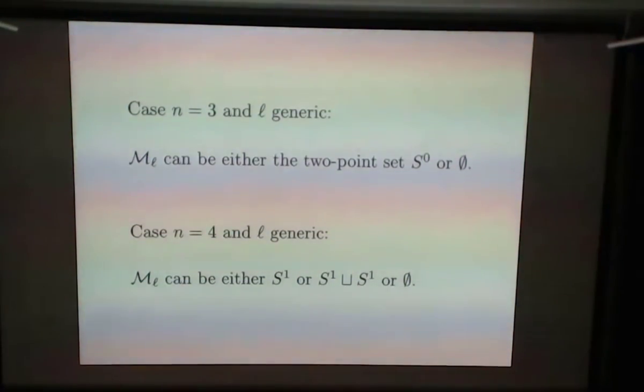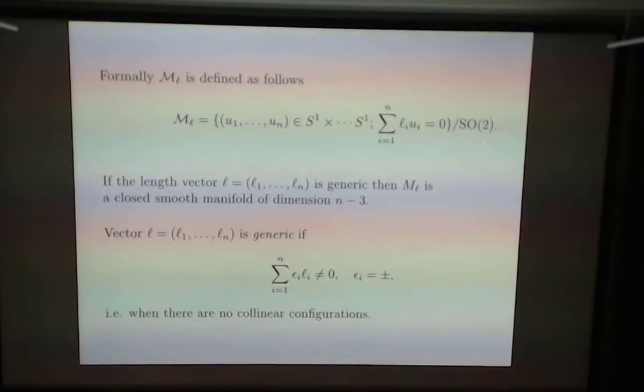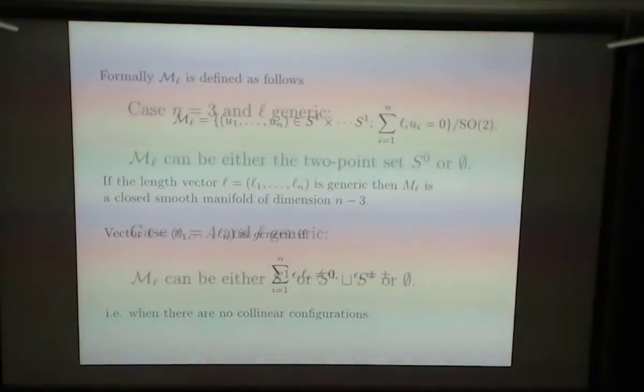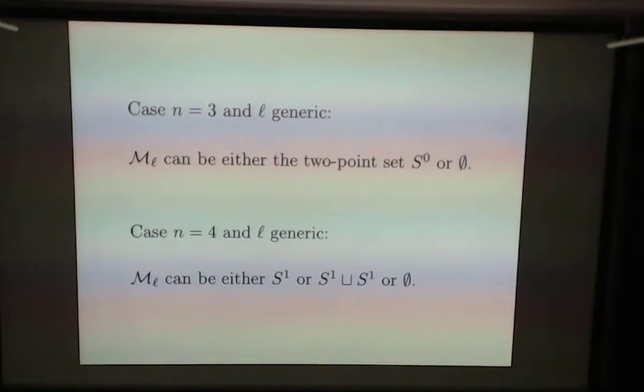But here we are not allowed to do reflections, since we quotient with respect to SO(2), not O(2). As a result, for n equals 3, this ML is a two-point set, consisting of a triangle and its reflection. Or it can be the empty set, which happens when you cannot make a triangle out of these three lengths.